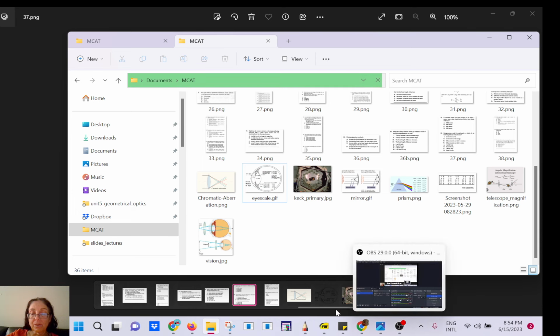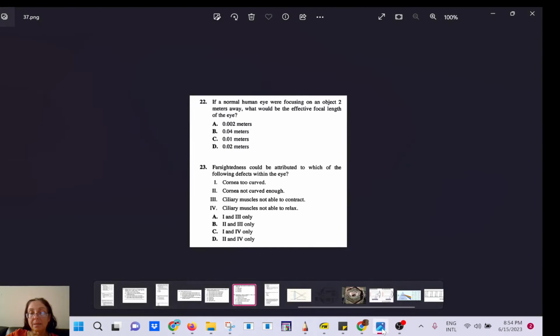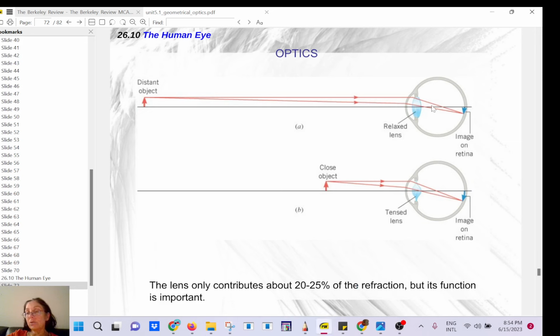Okay, so let's look at the first question. Number 22. In that case, it's just using the thin lens equation. And you just have to use the fact that the eye is about two centimeters, right?